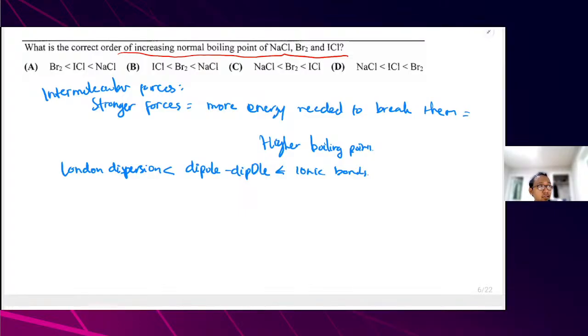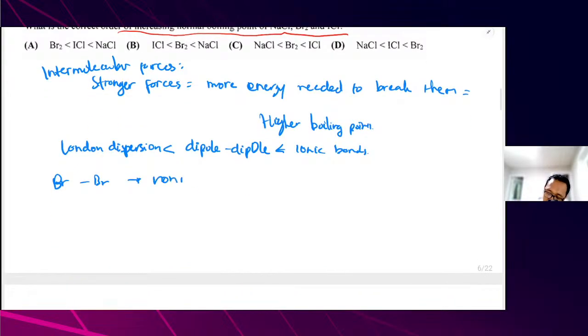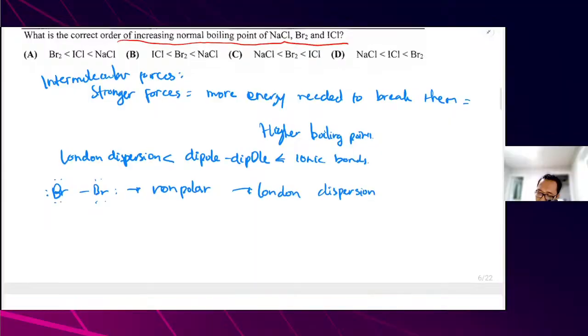So now let's take a look at the option PR2. It will be non-polar, right? Non-polar. So it only has London dispersion, which is very, very weak.